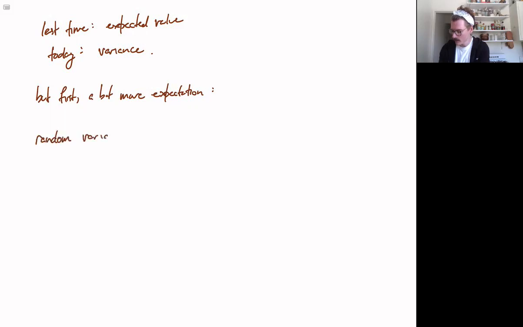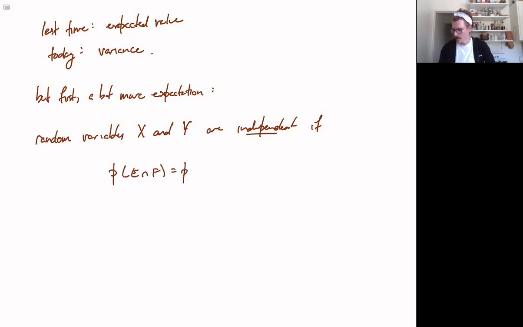So random variables X and Y are independent if, so the definition is basically similar. We just have to adapt what we mean on each side to the case of random variables. So they are independent. Remember, the old formulation was P(E intersect F) equals probability of E times probability of F. And the new formulation, the intersection just becomes an "and" and then this side stays essentially similar.